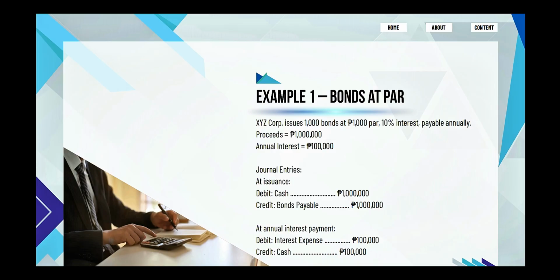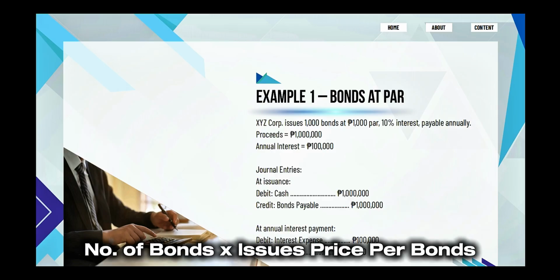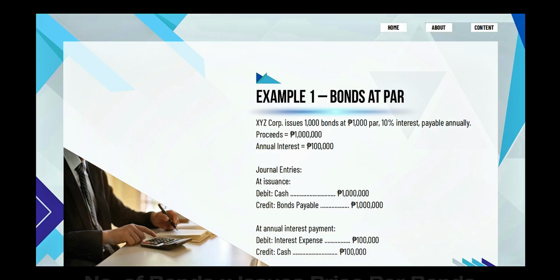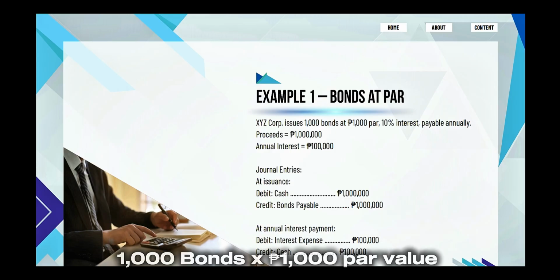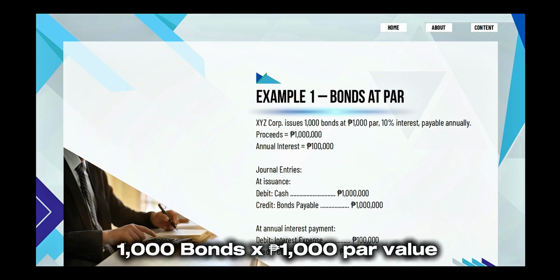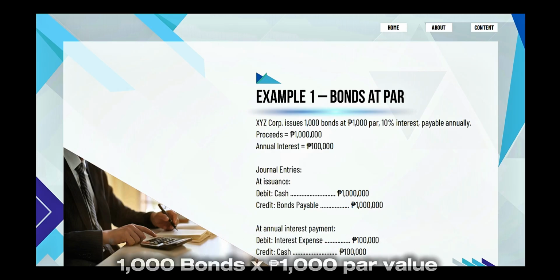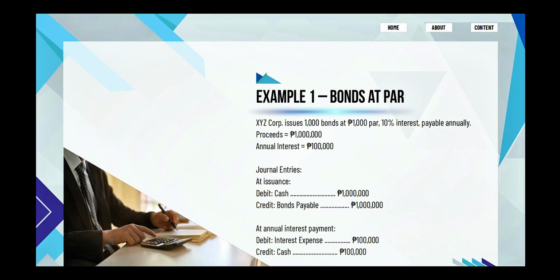Remember, to get the proceeds, you just need the issue price per bond. That is 1,000 bonds multiplied by 1,000 peso par value. And that's the total of 1 million pesos. Now, to journalize it, you need to debit cash 1 million pesos and credit bonds payable 1 million pesos.